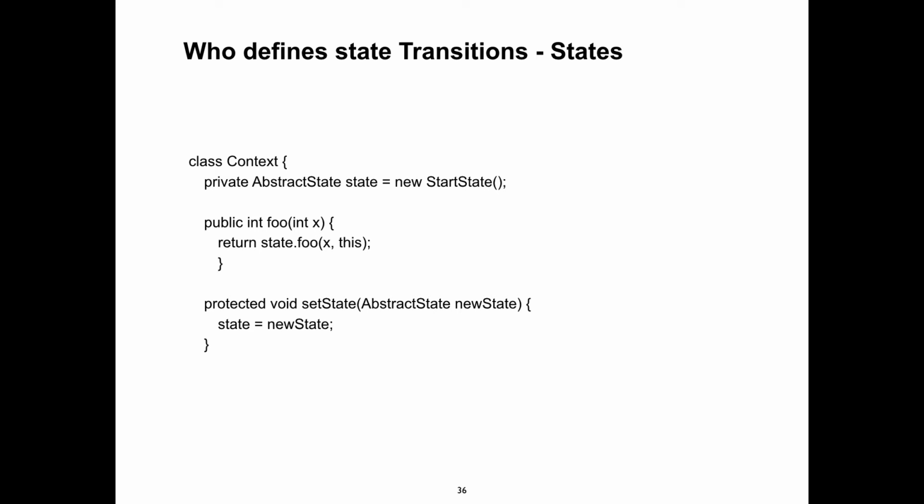So what's happening here is I pass in a reference to the context, the state can call the set state method in the context, and then return some value. So there are various ways of having the state set the state and return another value.